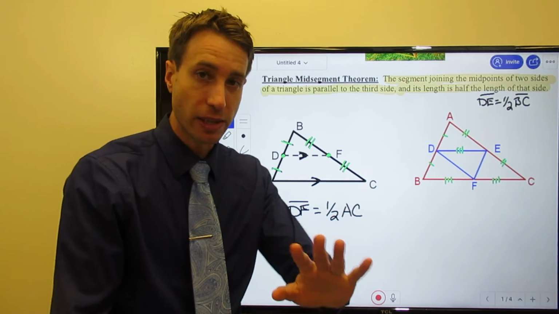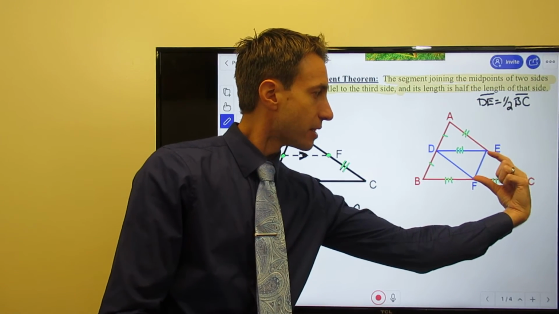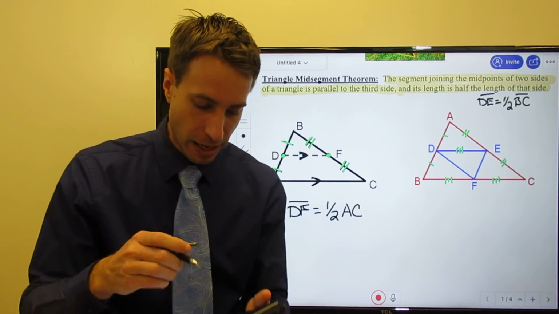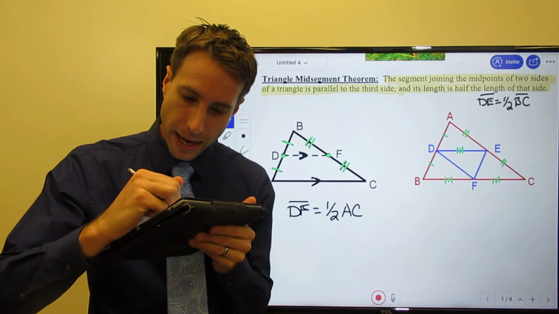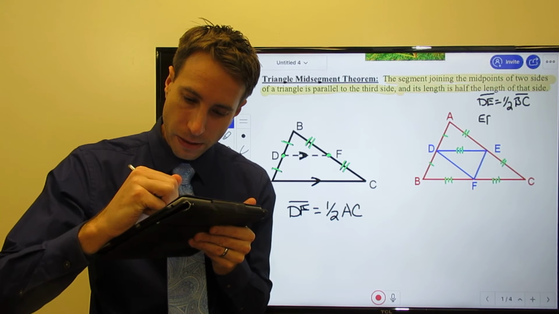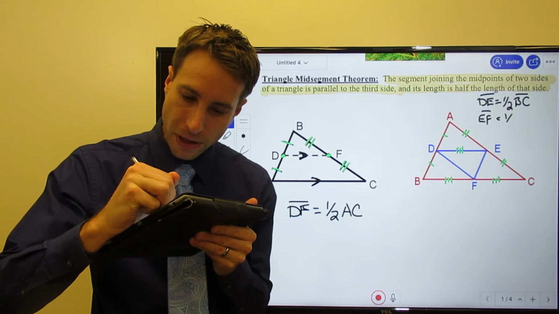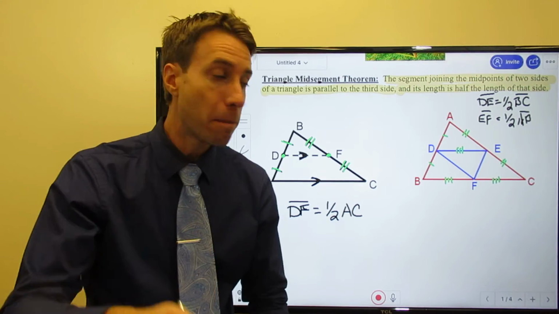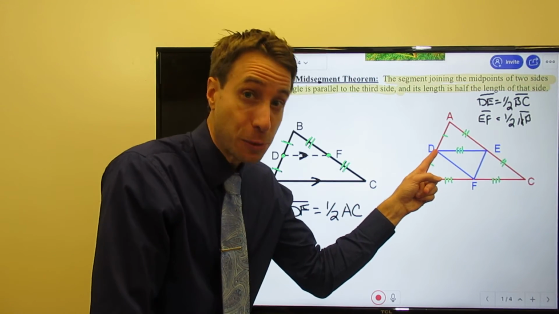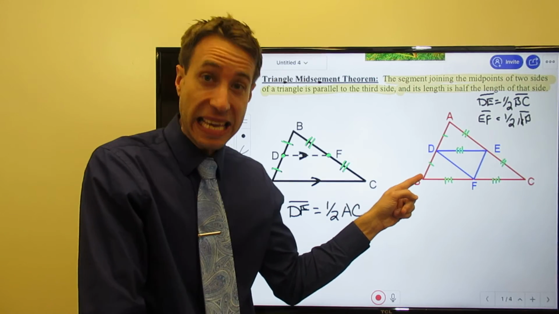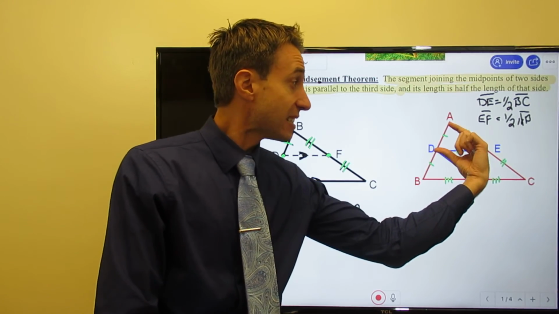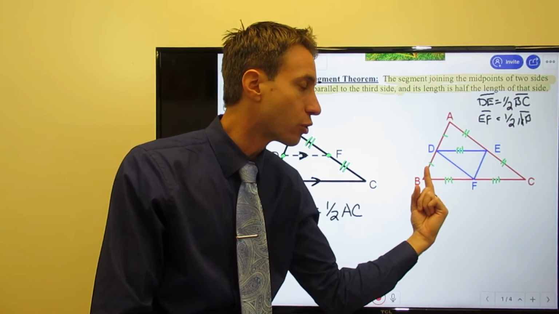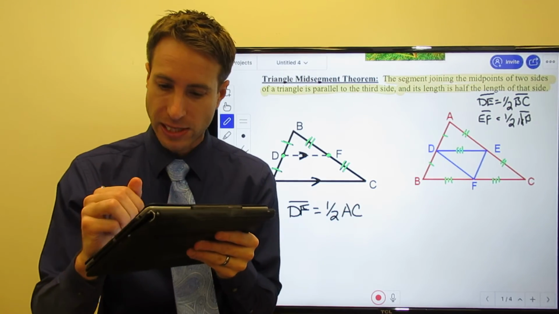Same thing happens here. Let's go to the next one. This guy right here, this mid-segment, EF, is parallel to AB. So here's what we know. I know that EF is half the length of AB. But point D splits AB in half. Right? That is half of AB, which means EF is congruent to both of those segments.